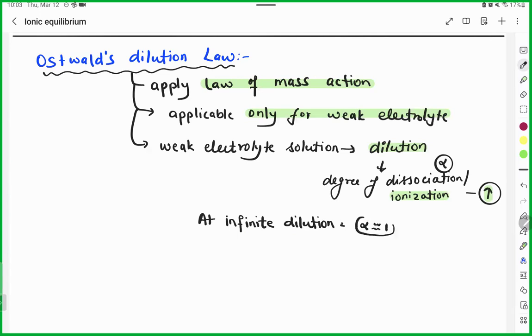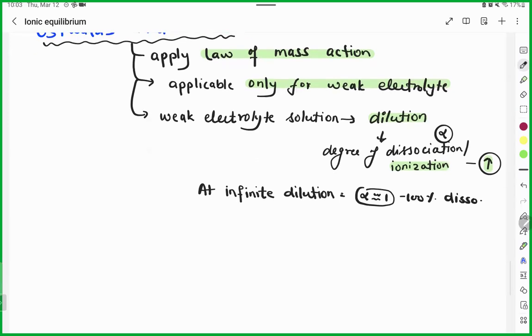Any doubt? No, sir. Because we will apply the law of mass action, let's take one example. You have AB, any weak electrolyte. This will break down into A positive ion and B negative ion. At time 0, the concentration of AB is C and these two are 0 because no product has formed yet.